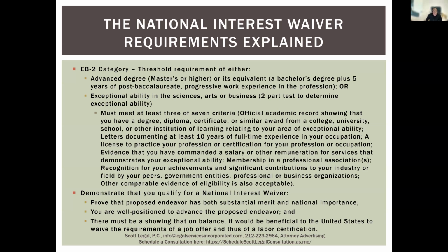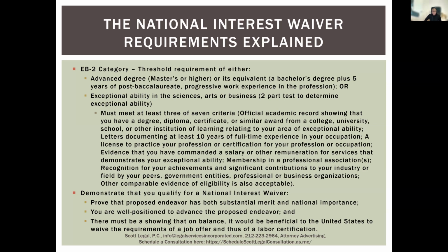And then if you don't meet any of these, you can still move to point 2 by having what's called exceptional ability. With exceptional ability, there are 7 criteria listed on this slide, and you have to meet 3 of them.